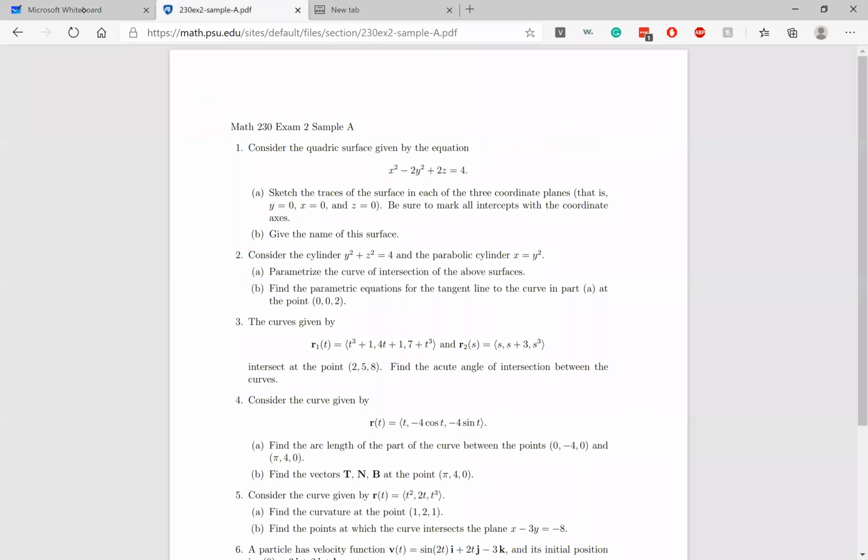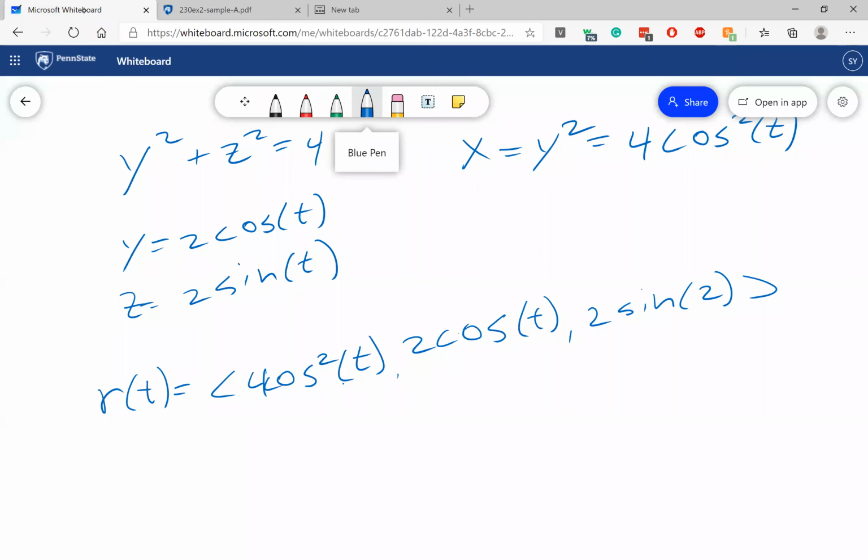So what do they want? Find the parametric equation of the tangent line to the curve at the point (0, 0, 2). The question is first, what t gives us (0, 0, 2)?